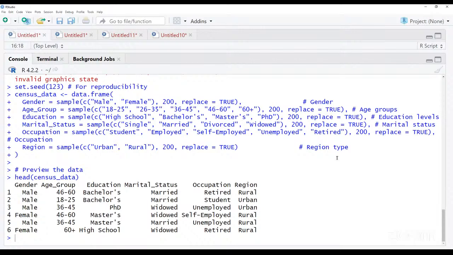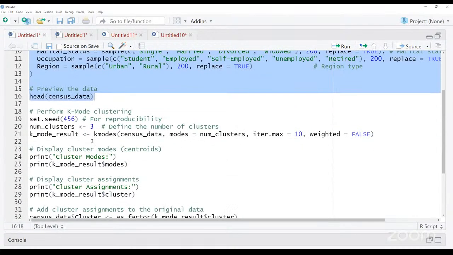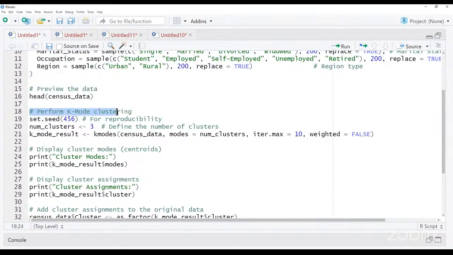What is the next step? Farah, can you click set seed? Num clusters 3, K-mode results. You select all of them.